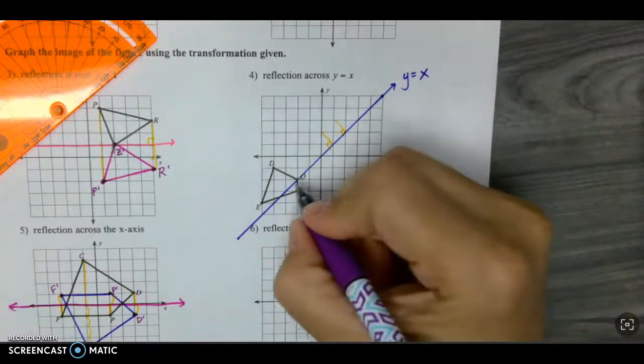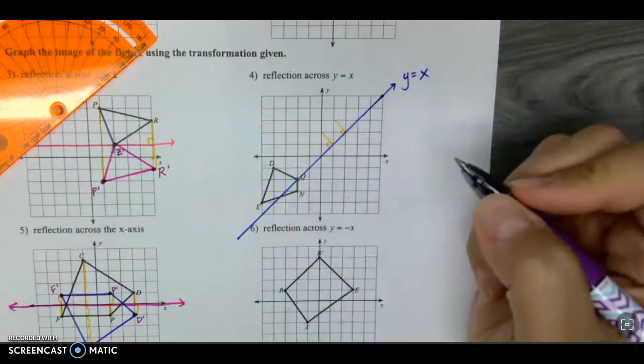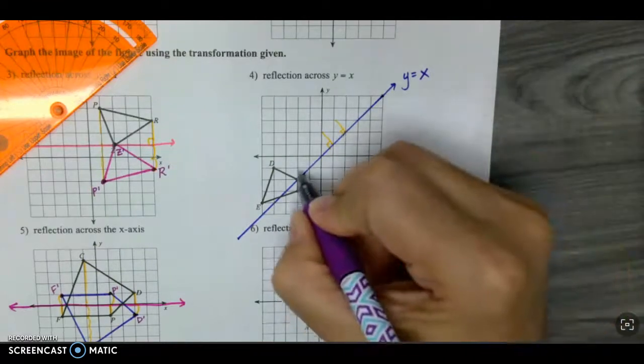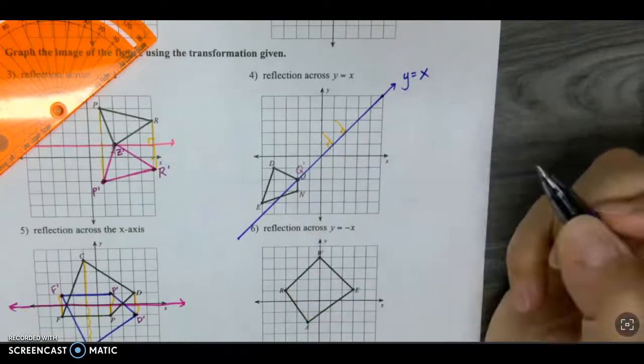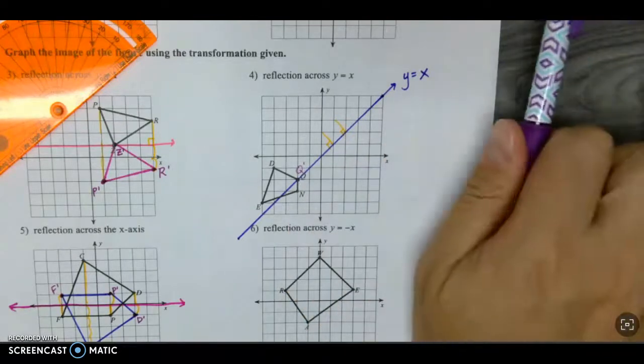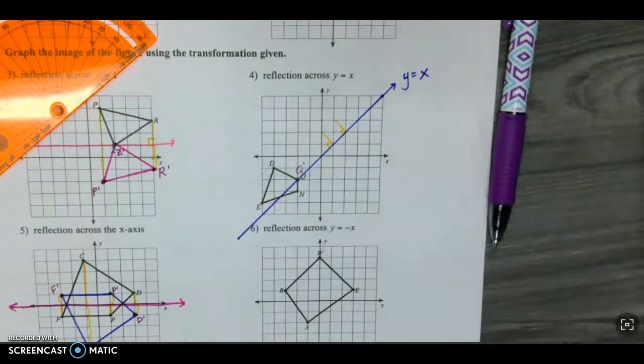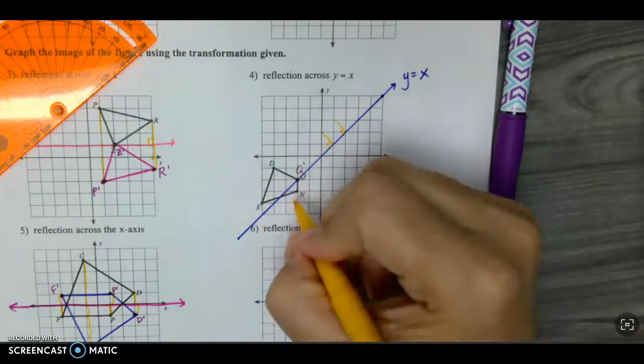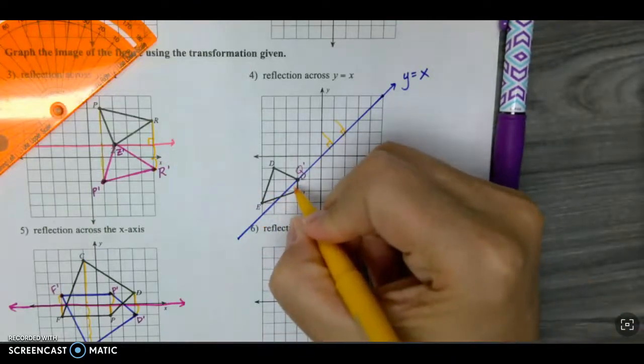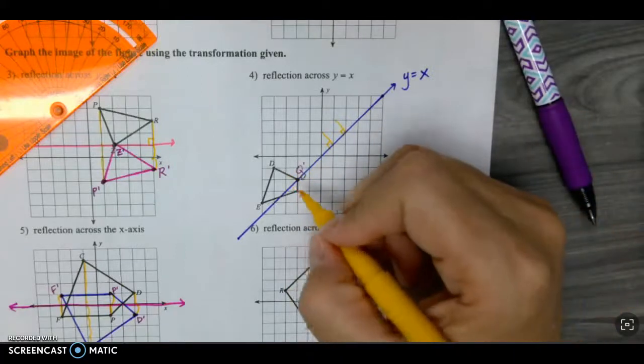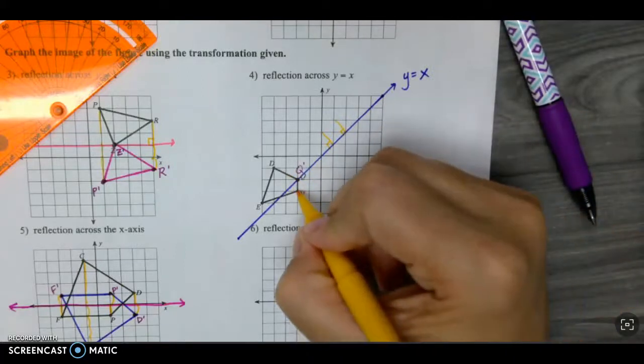So let's start with Q. Q is right on the line, so that's nice and easy. It doesn't move, so Q prime is in its same location. Now N, if I count, I need to be careful with my line of reflection because I am going to be counting.